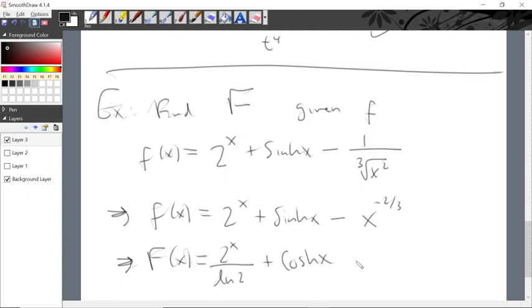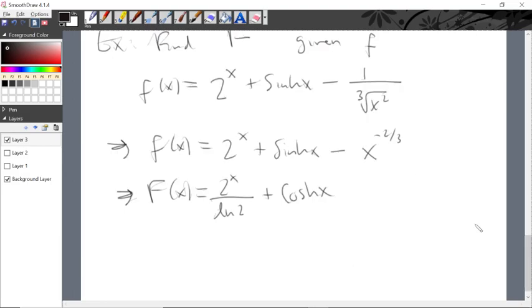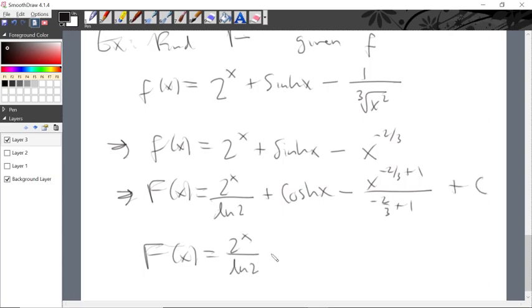And reversing the general power rule for x to the negative 2/3, add 1 to the exponent, so x to the negative 2/3 plus 1, and then divide by the result, negative 2/3 plus 1. Negative 2/3 plus 1 is equal to 1/3. So we have big F of x, 2 to the x over natural log of 2, and I forgot to add my arbitrary constant c. There it is. Then we have plus cosh x.